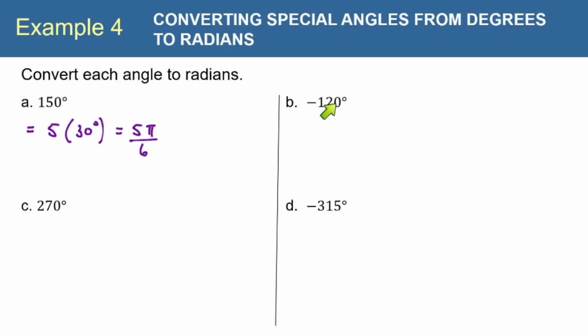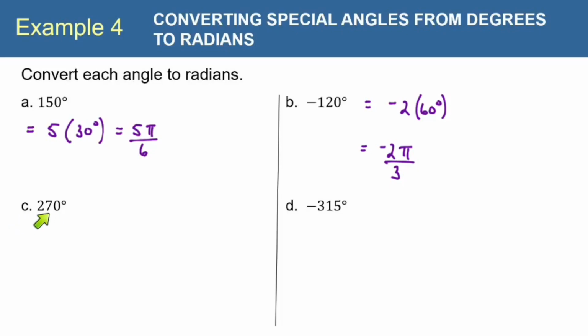So here we have negative 120 degrees. We're going to write that as negative 2 times 60 degrees. And then we're going to trade 60 degrees for its radian equivalent, which is pi over 3. So negative 2 times 60 degrees becomes negative 2 times pi over 3. And that is the radian conversion for negative 120.